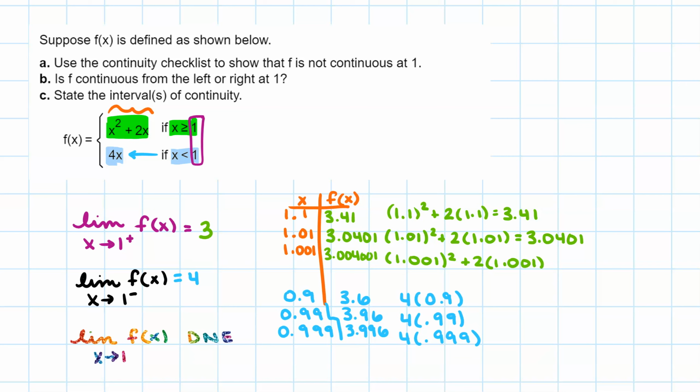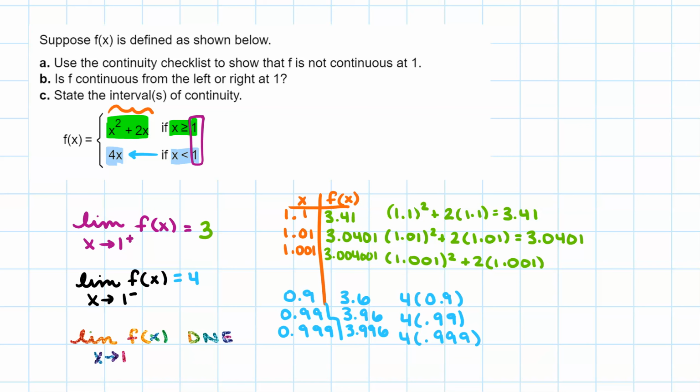So now remember what I said. If I drew this picture, my green picture, x squared plus 2x for the x's to the right of 1 or equal to 1, those would all be continuous. That's a polynomial, a quadratic. And on the left side of 1, 4x is another polynomial that draws a straight line.